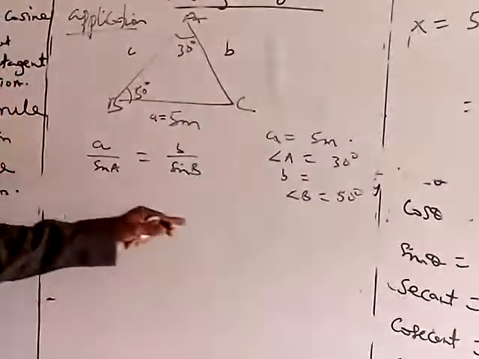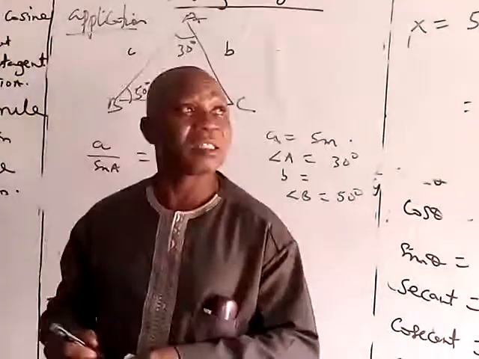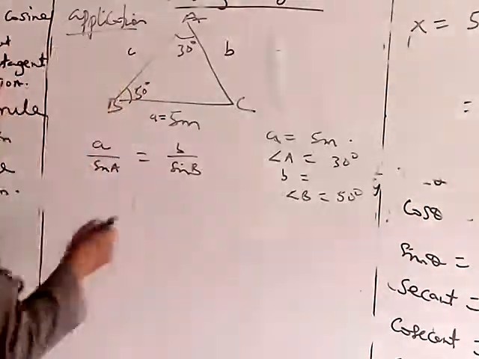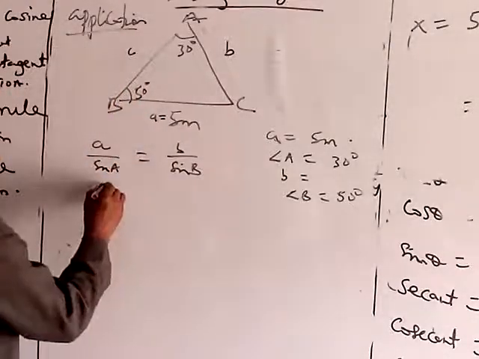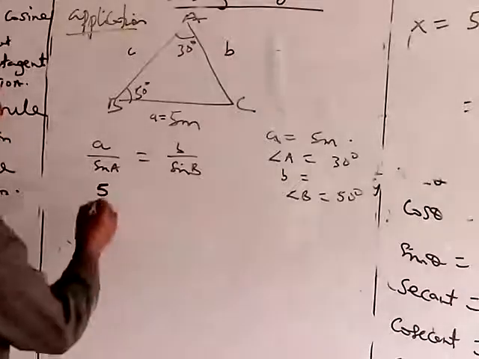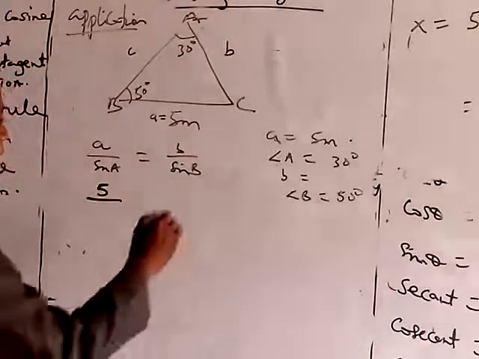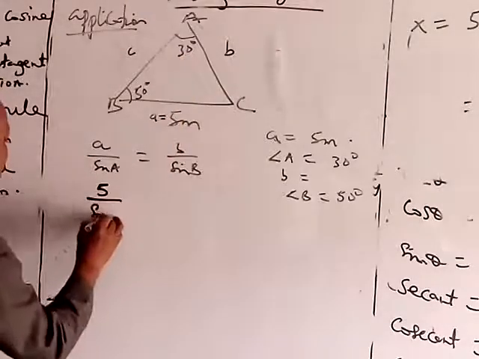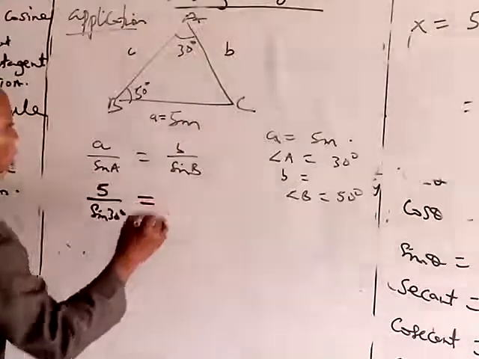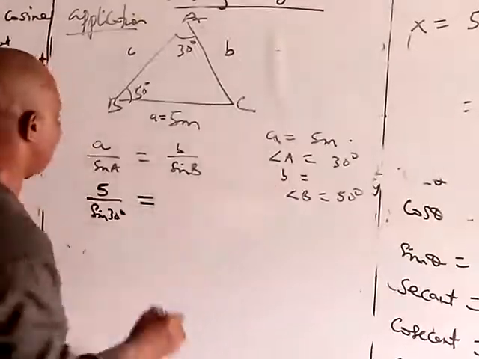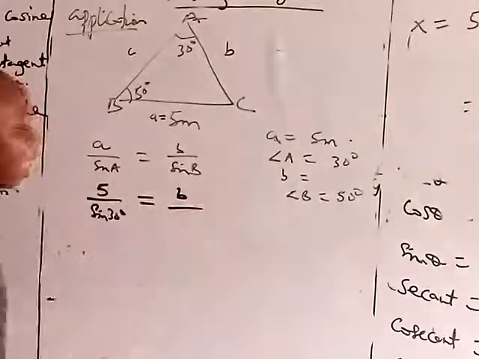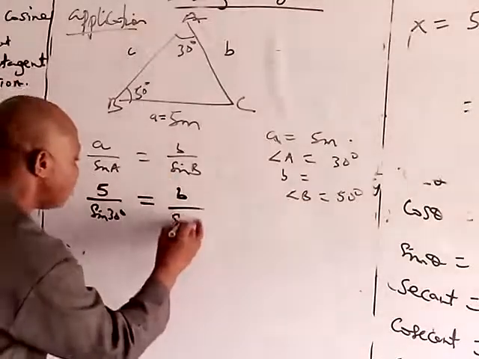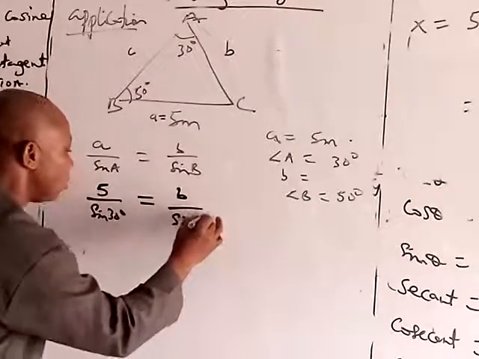Then we plug in those values in this relation. So we have 5 is my a, over sine A, which is sine 30, equals b is unknown, over my sine B here, which is sine 50 degrees.